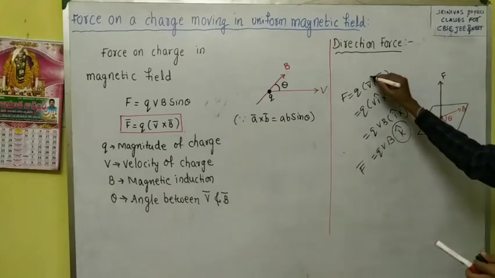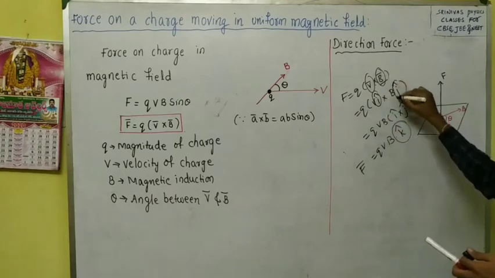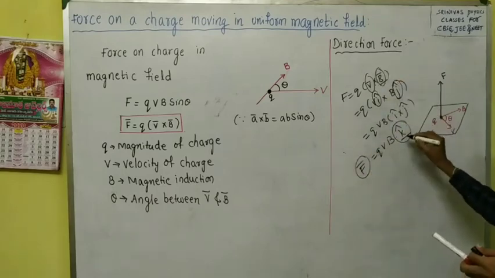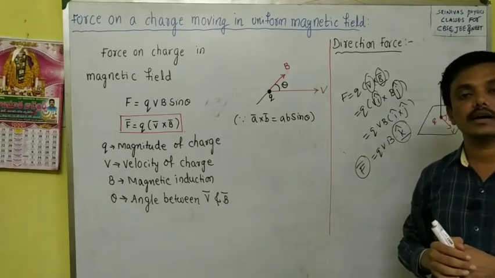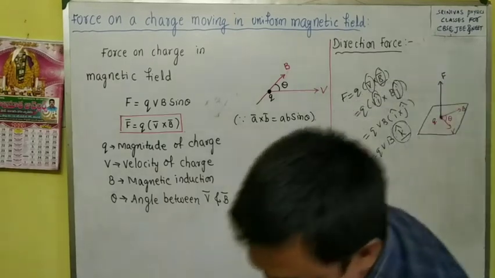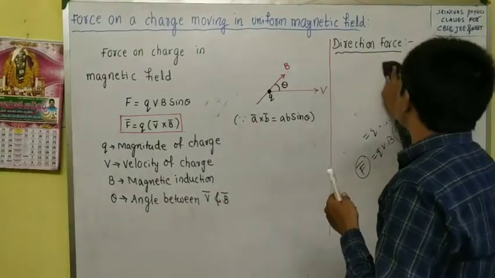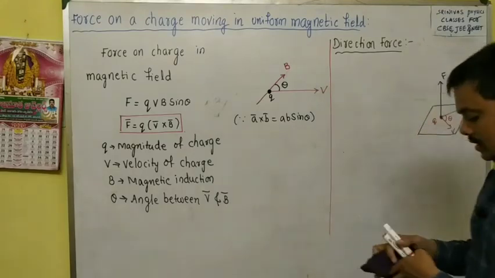Velocity we took along i cap, the x-axis, and the magnetic field along the y-axis, but the force is along the z-axis. This means the force is perpendicular to the plane containing the velocity and magnetic field. The direction of the force is always perpendicular to the plane containing v and B.